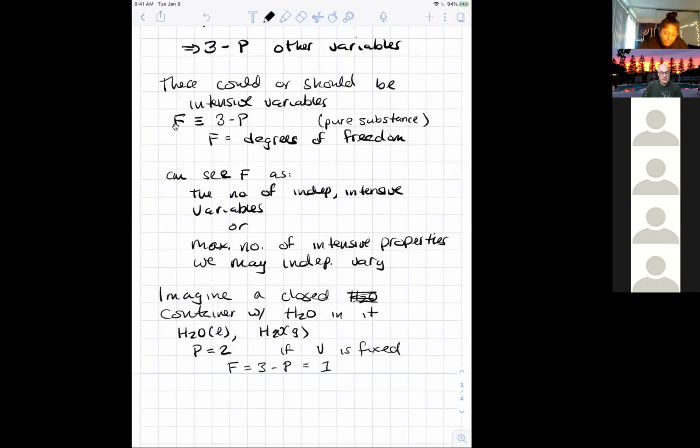That's going to end up being either the pressure or the volume or the temperature, right? T or P or V over N, really, because remember, if we specify the amounts, we're going to have an intensive property to play with, right?